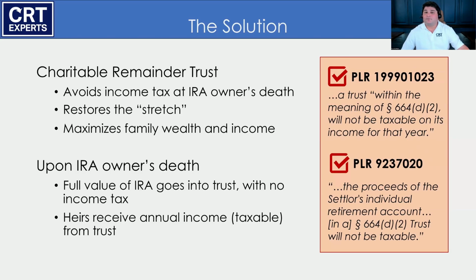In terms of the tax and legal authorities, in the 1990s there were several private letter rulings. You can see a couple up here on the screen that confirmed that a qualified trust like a CRT can be the beneficiary of a qualified plan. And of course, we know once those assets are inside of the CRT, it is exempt from tax.